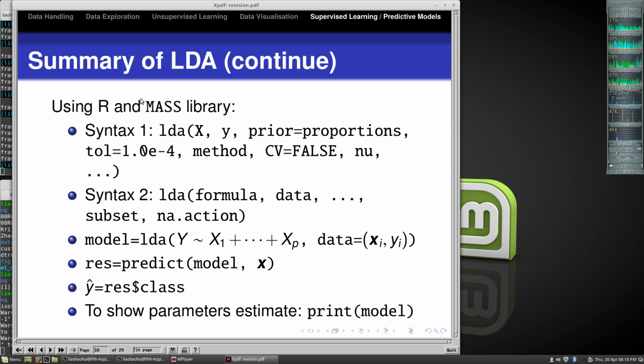The R library which supports linear discriminant analysis is called MASS. It's built into R by default. It has two syntaxes for usage. Normally we use the second syntax by setting up the formula, but we can actually split the x, the explanatory variables, and the y, the response variable.